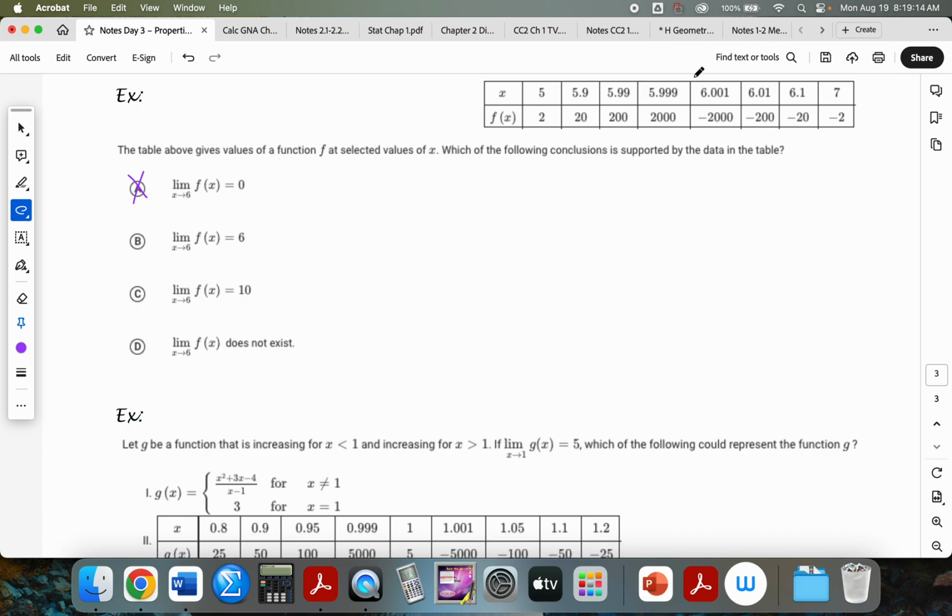Well, that's just crazy, right? Because 6 is here. Or 10. I don't know where 10 came from. The limit as x approaches 6 of f of x does not exist. That's supported by the table. We got really close to 6, and we have two vastly different values.